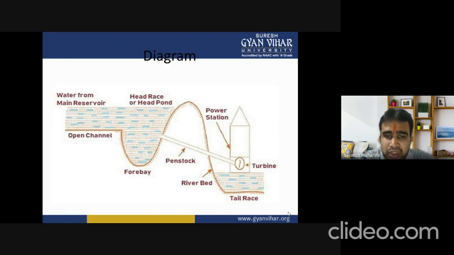Here we use the turbine, which converts any form of energy into mechanical energy. The turbine is connected to the power station, the power station to the tailrace, and the penstock to the forebay, and the forebay to the riverbed.